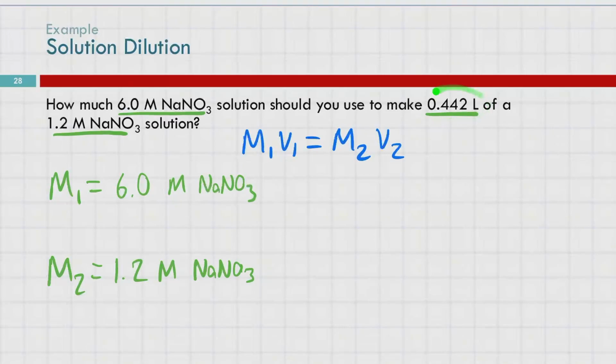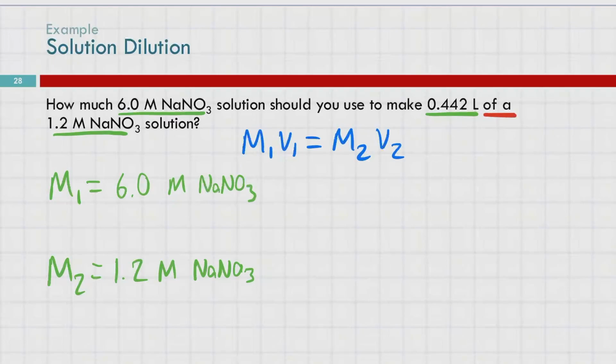Does our volume go with 1.2 molar or 6 molar? It does not go with the 6.0 molar. It's 0.442 liters of a 1.2 molar solution, so it goes with the 1.2.